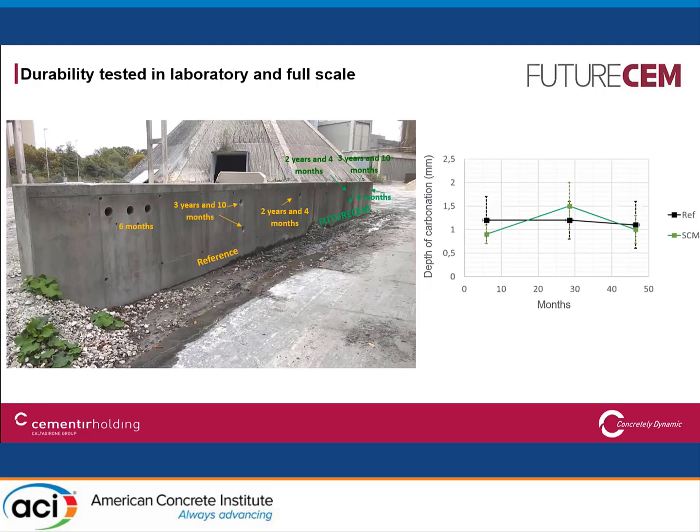In this case, the color difference is very small. And what I think is most important is that after some time, perhaps weeks, months, the color difference is hard to see, and you have to really know which part of this wall is the calcined clay-limestone cement, and which one is the reference.